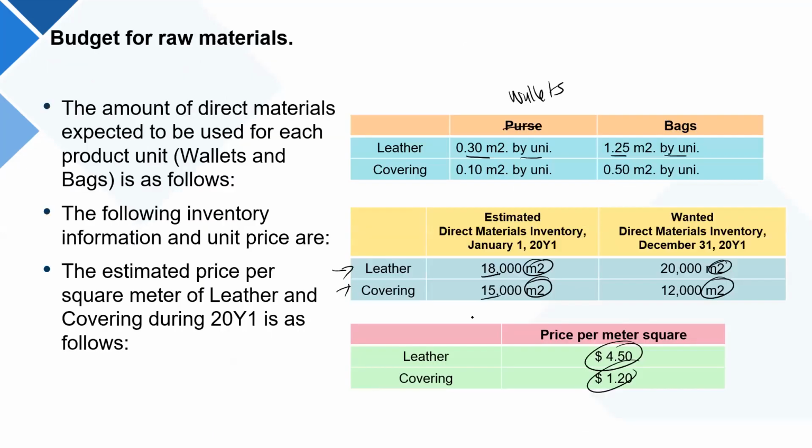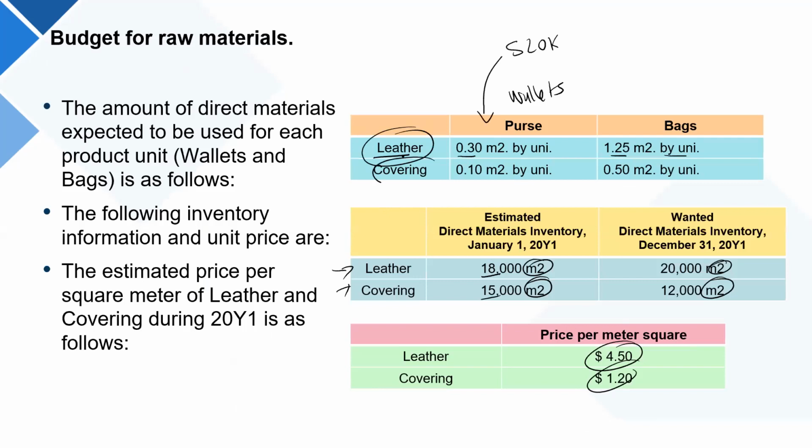If I go to my information, I know that for the budgets, I need for leather 0.3 square meters per unit. So if my budget is 520,000 for wallets, all I need to do is multiply this one times this one, all right? To get the units of leather that I want as budget.